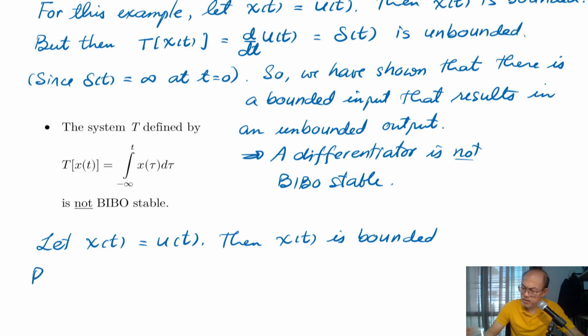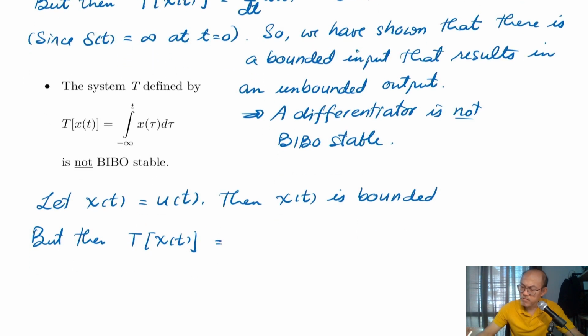But then the output of the system from x is given by the integral from minus infinity to t of u(tau) d tau, right? And this is t u(t).